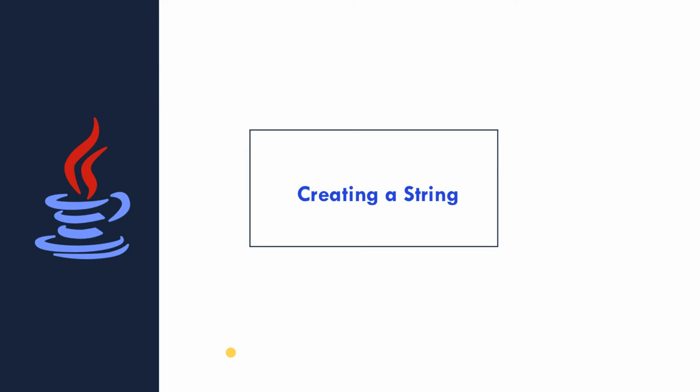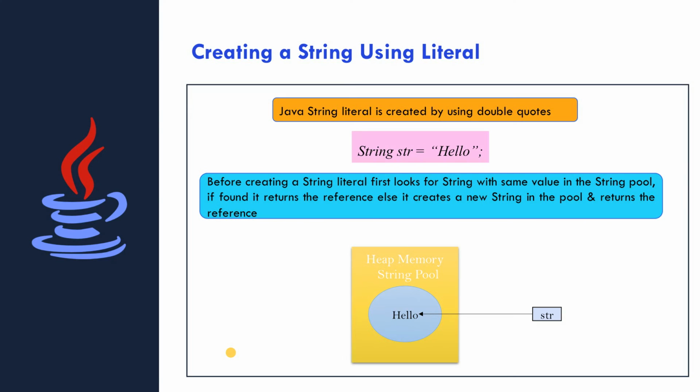Now if you want to create a String, there are two ways. Either you can create it as a literal, which we call an interned string, or create it with the new keyword, which we call an object. So let us have a quick look at how to create a String and how the heap and the string pool come into action. Considering we are going to use a literal to create a String: a Java string literal is created by just writing the string literal in double quotes.